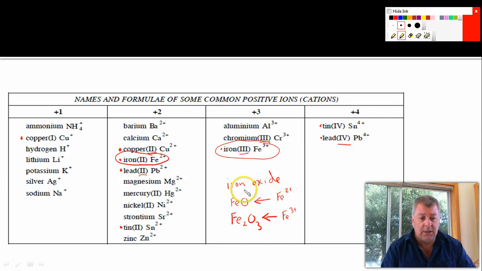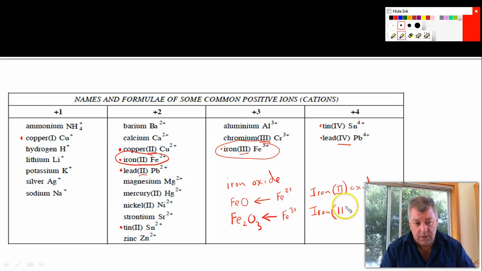So in reality, this is referred to as iron Roman numerals 2 oxide, whereas this one is referred to as iron Roman numerals 3 oxide, and that would be the full name for it, and we're going to go through a couple of examples of that as well.